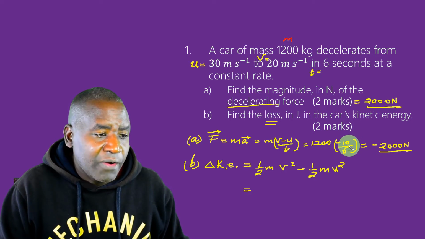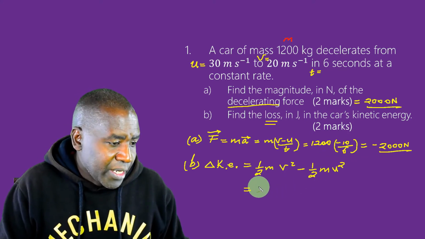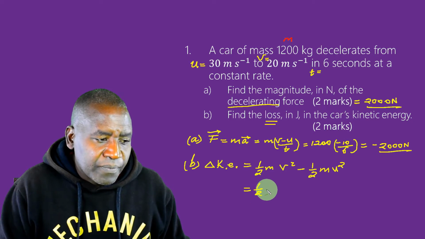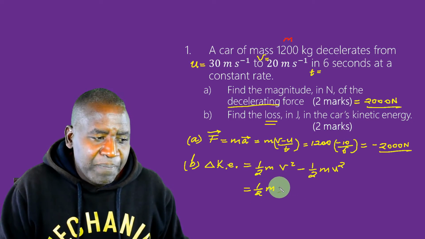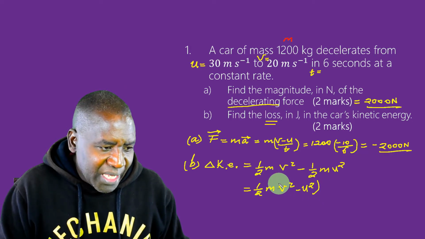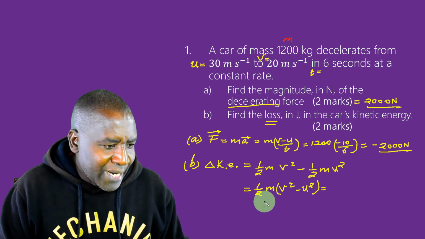That is how I got minus 10, because I skipped that step. I shouldn't have. So here we have a half, of course, now we have m into bracket v squared minus u squared. I'm making my substitutions to be as complete as possible so that I don't lose you in any way.